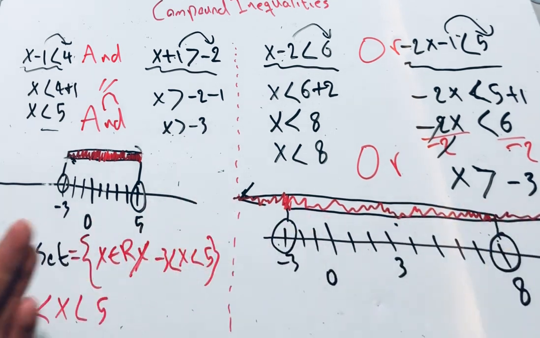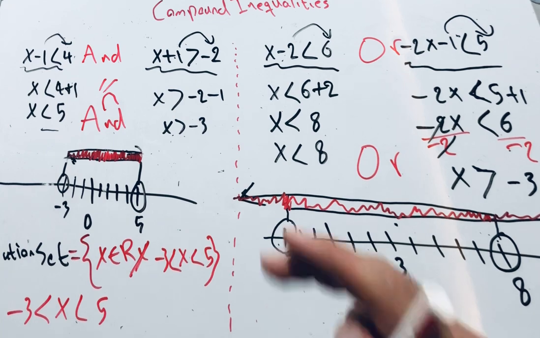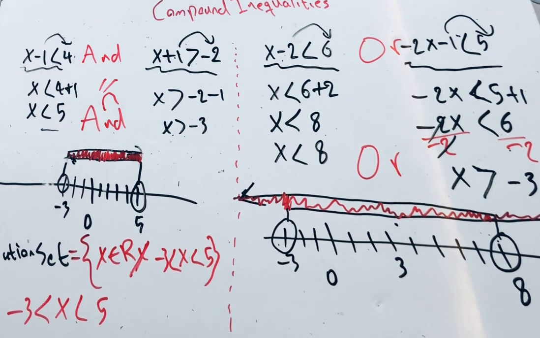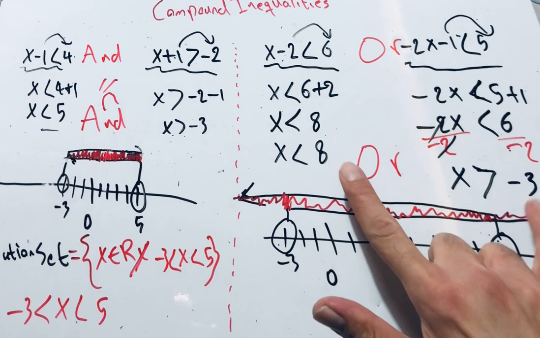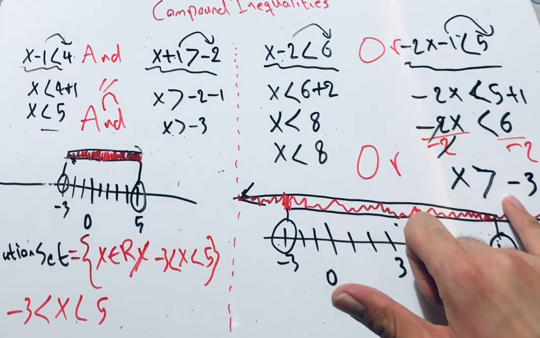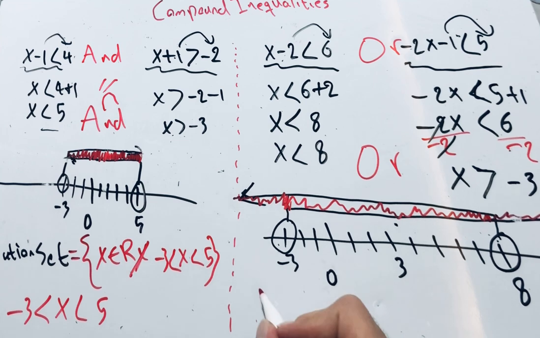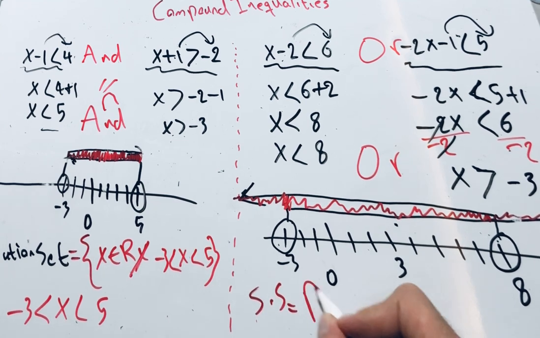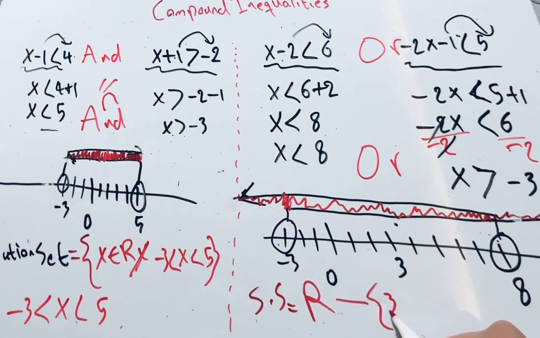You can see it's all the real numbers except only 2 numbers. Those 2 numbers are what? Can you guess it? Yes, they are 8 and -3. So you can say that the solution set, SS stands for the solution set, is all the real numbers, excluding, you can just write a minus sign, excluding 2 values that are -3 and 8.